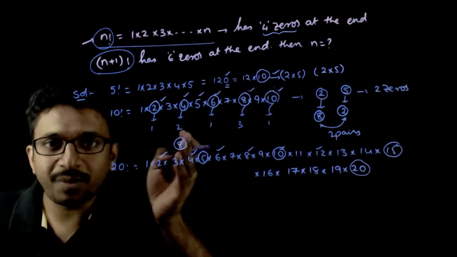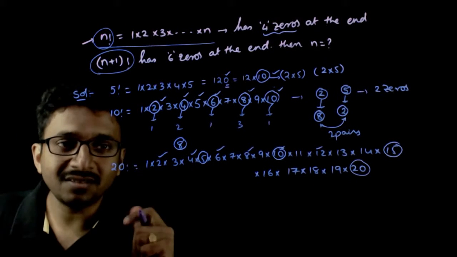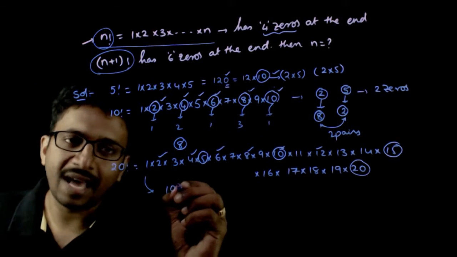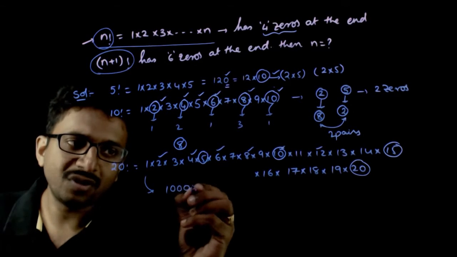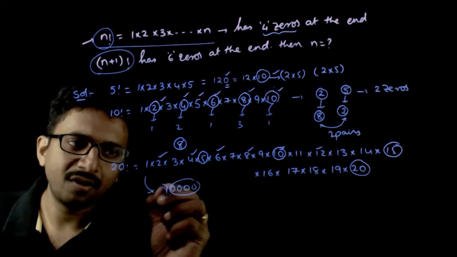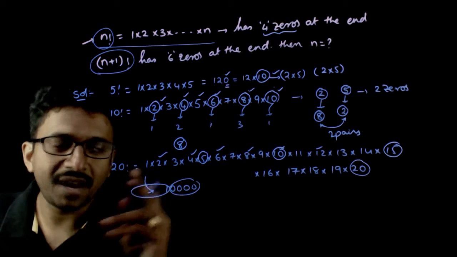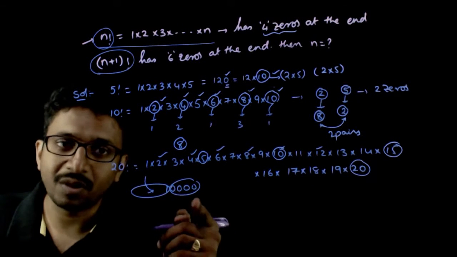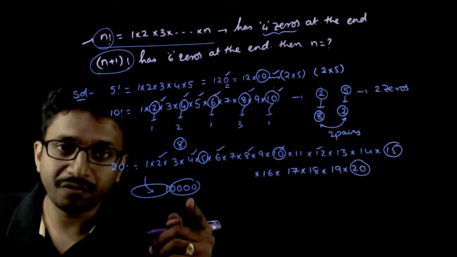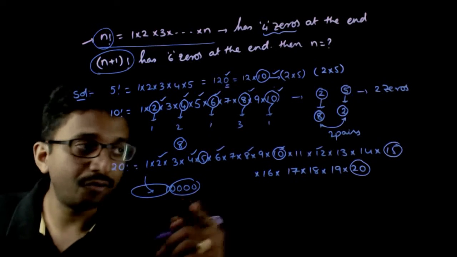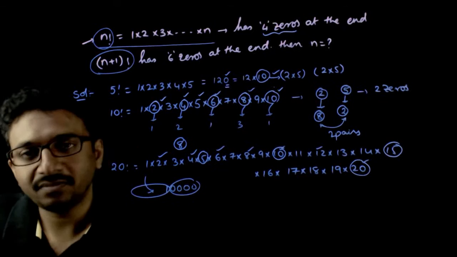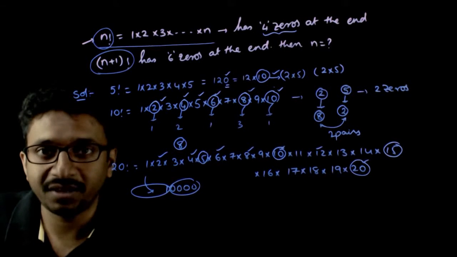So 4 5's will pair with 4 2's to get 4 10's. So 20 factorial will have 4 zeros at the end. You have some number followed by 4 zeros. Before 20 factorial you won't get the 4th zero, because if you want 4 zeros you need 4 5's. The 4th 5 is coming from 20.